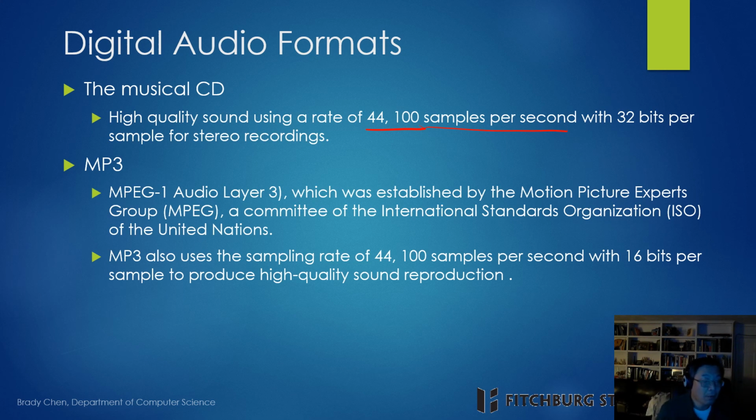That's the sampling rate. And then for each sample, we use 32 bits per sample for stereo recording.